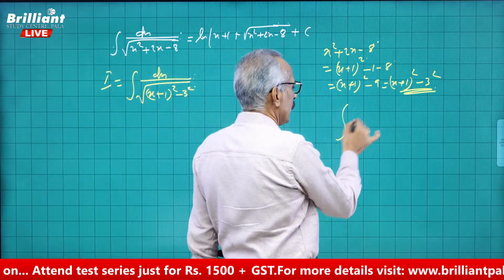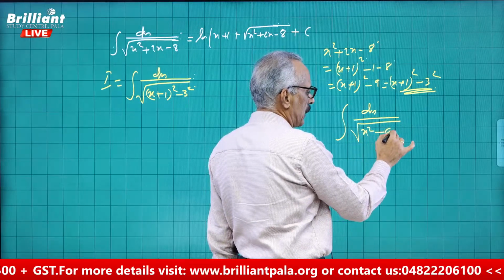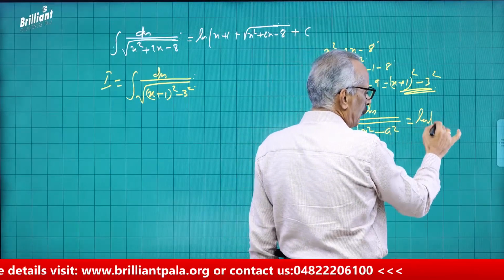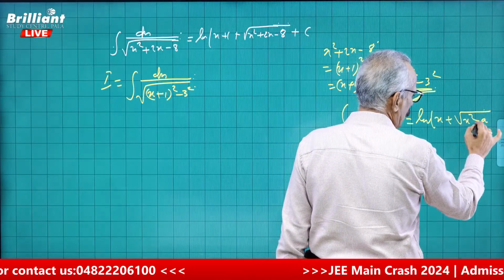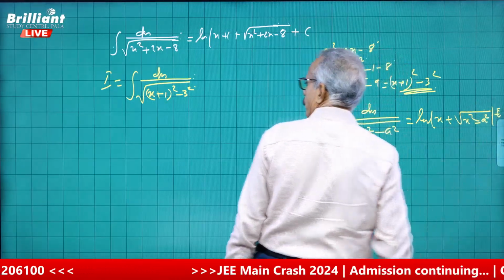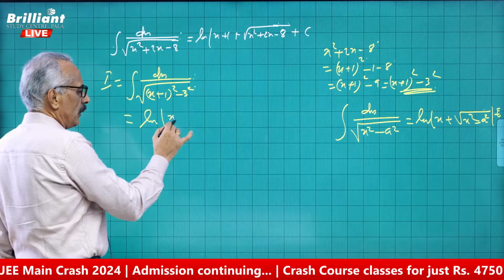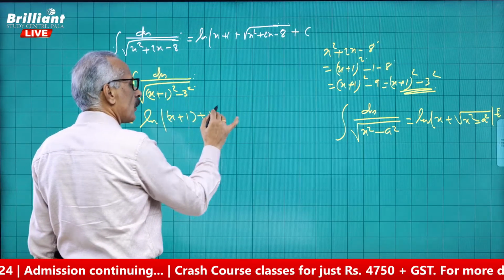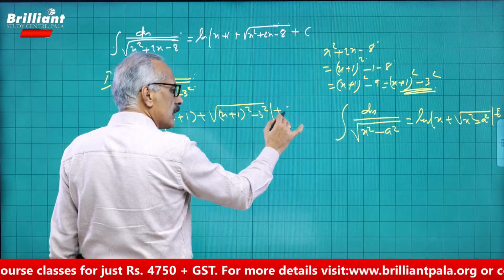Which formula? Integral dx divided by square root of x square minus a square is logarithm of x plus that denominator as it is, x square minus a square, plus c. So this is equal to logarithm of x plus 1 plus square root of x plus 1 the whole square minus 3 square plus c.